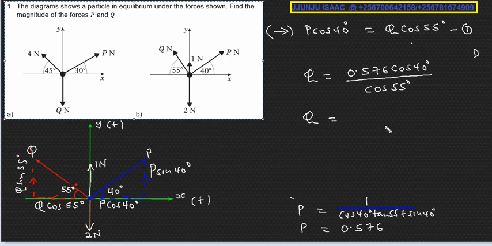So our Q will be, when you press the calculator, it should give you 0.769 as the answer.